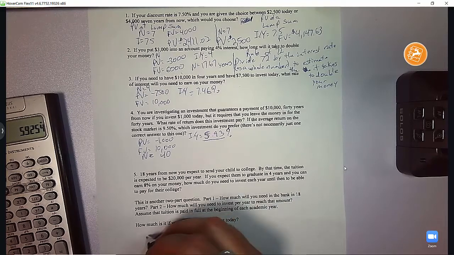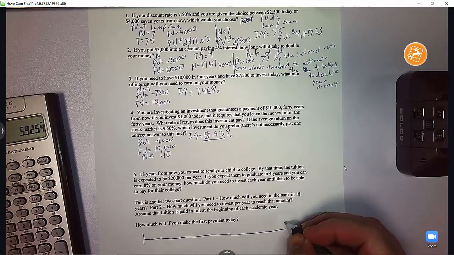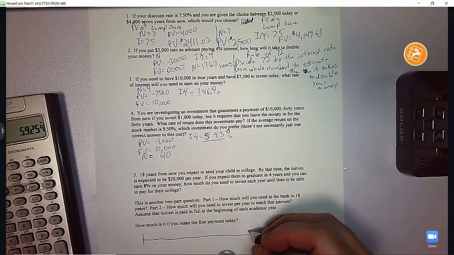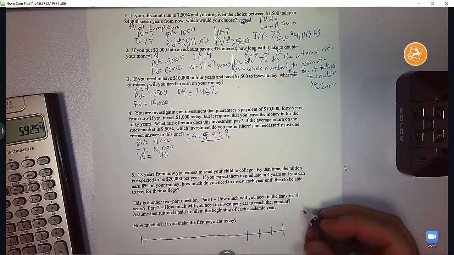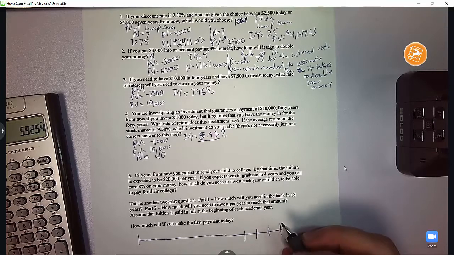So for this one, I like to draw a timeline just to demonstrate what's going on. We're going to skip a few years in the timeline, but I need to show you here at the end. You're going to have 4 years of $20,000 payments.